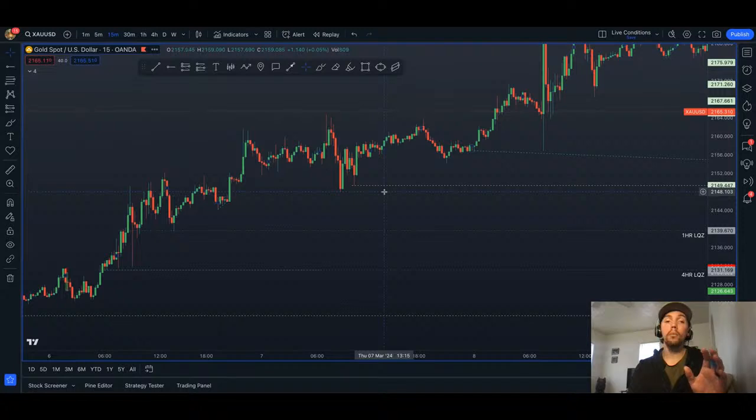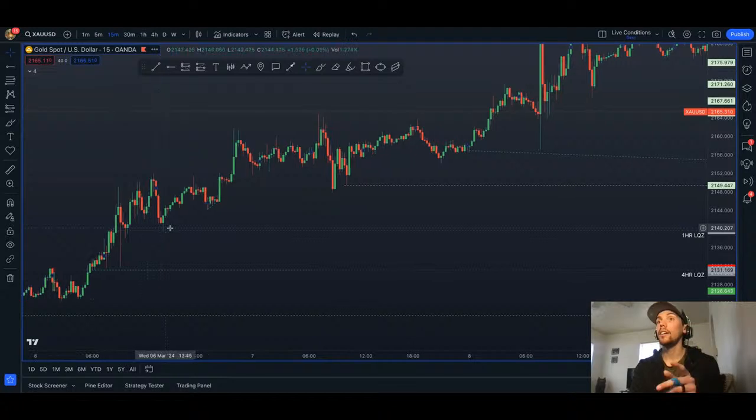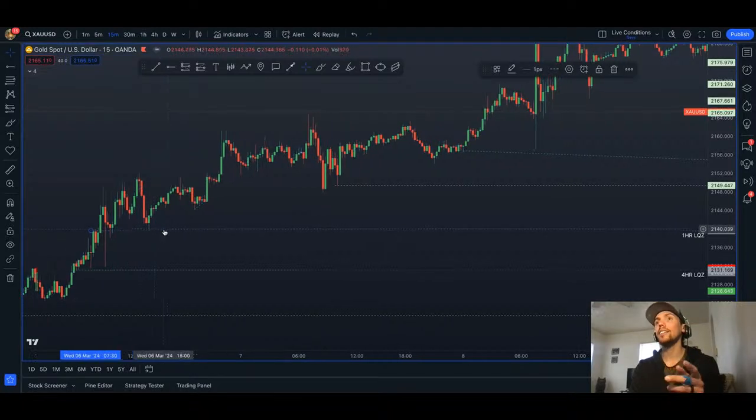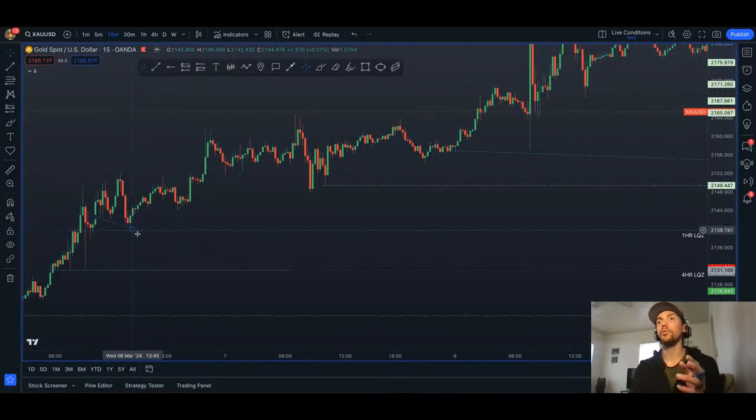And let me show you why I'm reading between the lines right here, and I'm going to use this low. I can use it, but I'm not going to really use it just off of this fact. There's kind of a trend down, like 1, 2, 3. Price took it out off of this low.